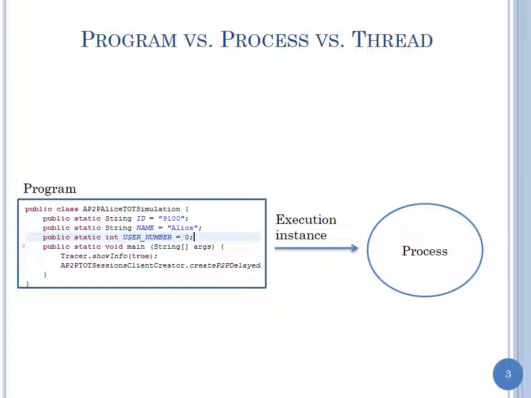A thread only has its own stack, a process has its own heap, code, etc. So both the process and the thread are similar in that they have stacks associated with them. But a thread only has a stack. And where does the heap come from? The heap comes from the parent process.